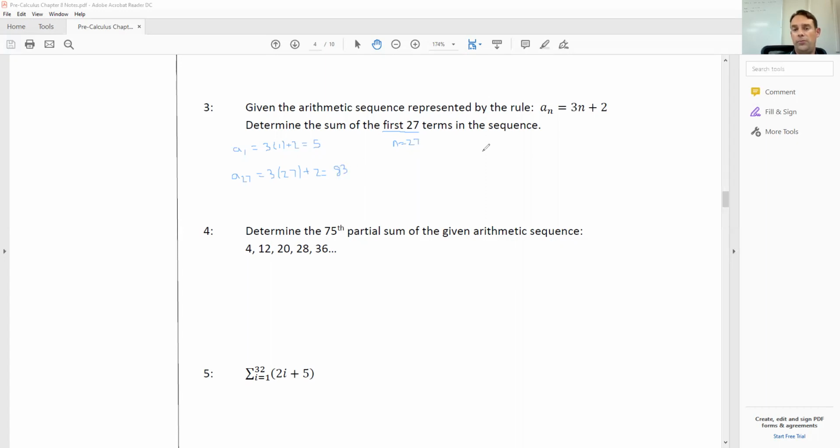So those are our terms. So we're going to plug it into our formula then. The sum of the first 27 terms in this sequence is 27 times (5 plus 83) divided by 2. Multiply it all the way out, you end up with 1,188.